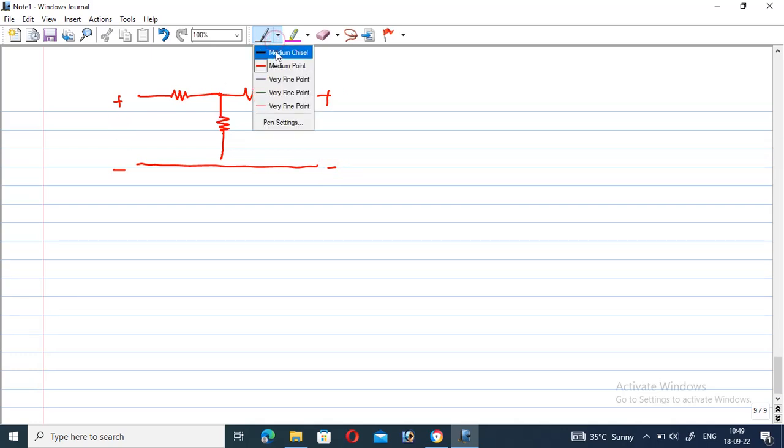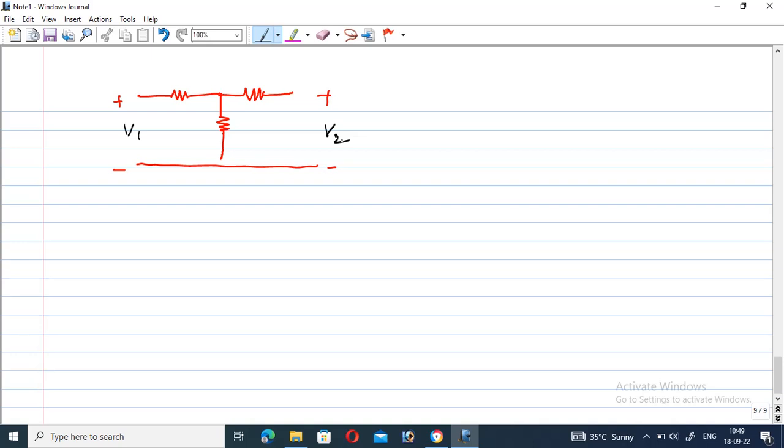So let us see one more problem related to this. The network consists of a resistance, and it also has one more resistance, it is a T-type network. Let us take some positive voltages, which can be treated as V1 and V2, alright?